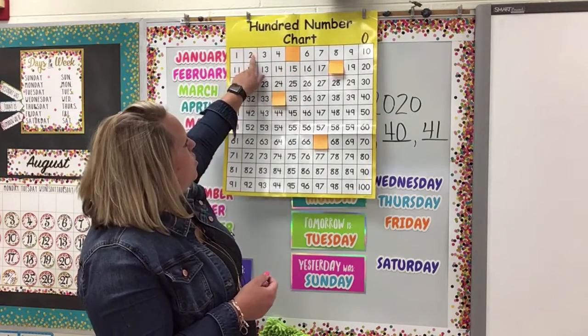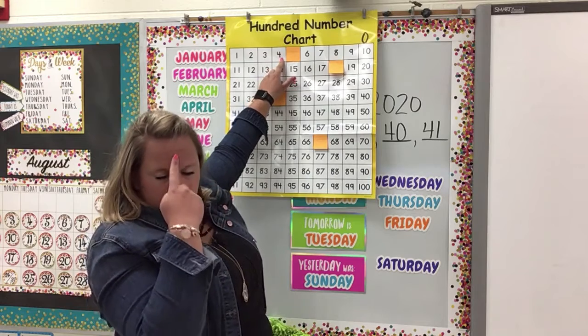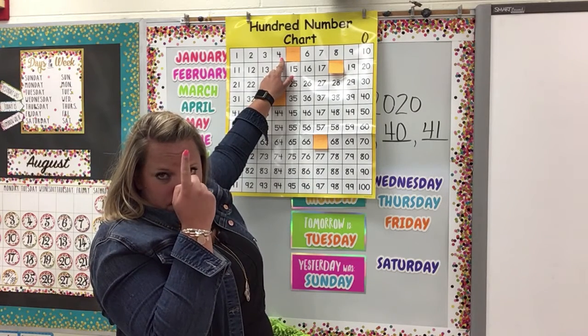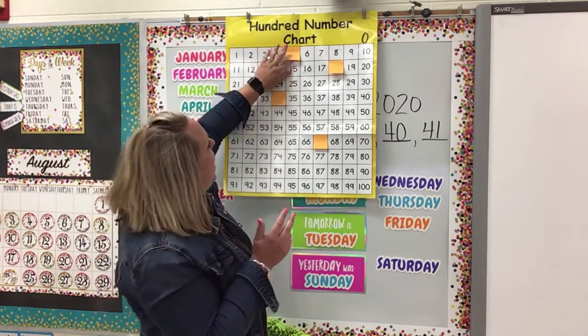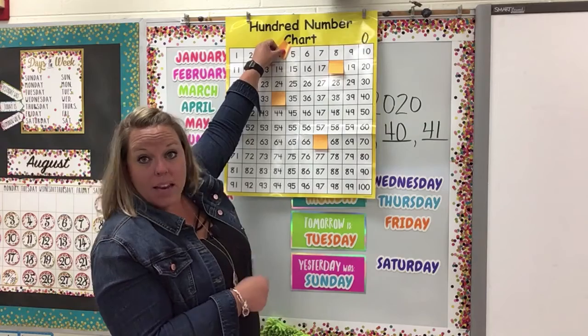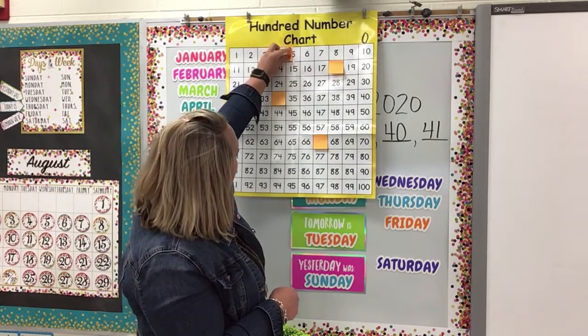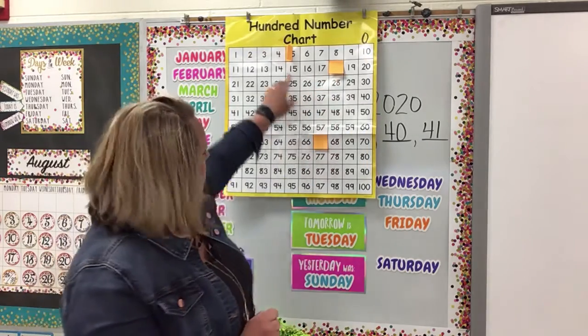Say 1, 2, 3, 4. What comes after 4 when I'm counting? 1, 2, 3, 4, 5. Yes. Let's go ahead and see if you're right. You're right. It's 5. Very good. Let's find our next missing number.